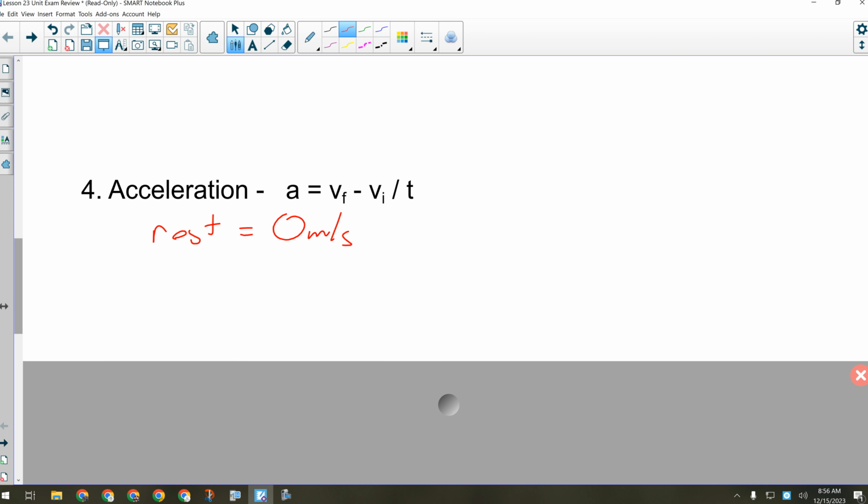What am I telling you? Last one. Dropped. Starting at 0. Right. If I say something is dropped, its initial velocity is 0.